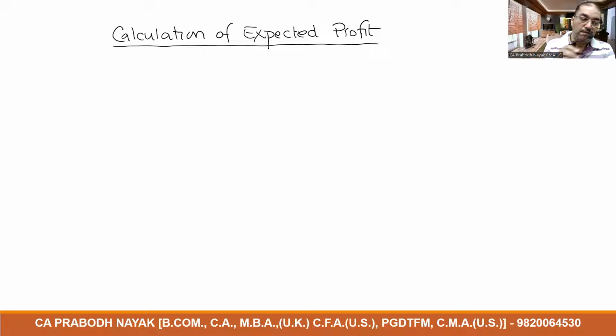Calculation of expected profit. For P, we are manufacturing 200 units. Contribution is 3,000 per unit, so this will come to 6 lakhs.